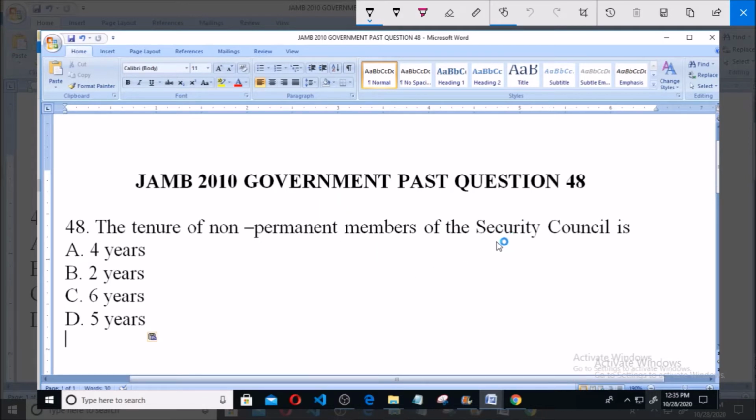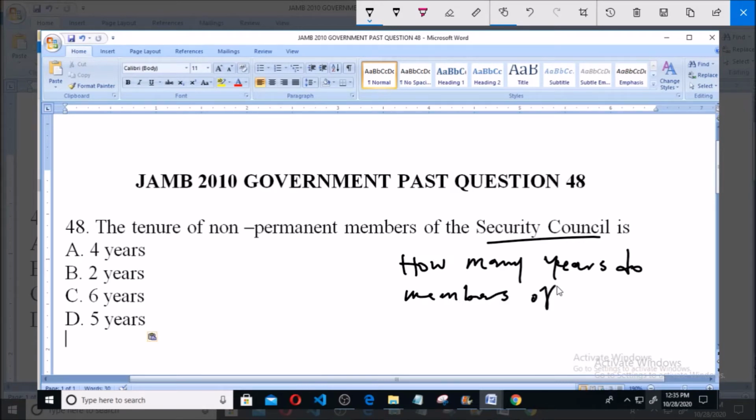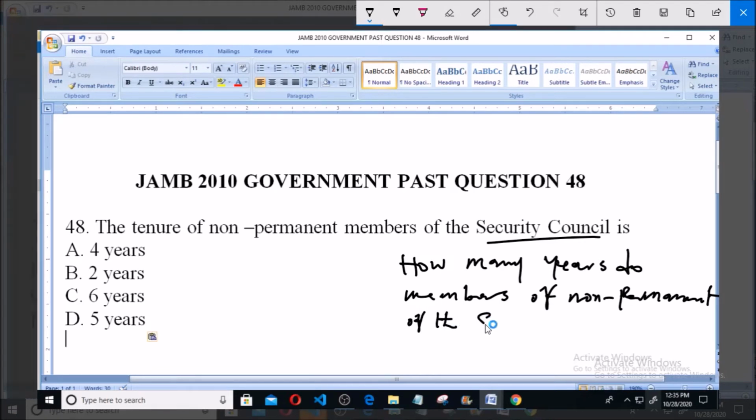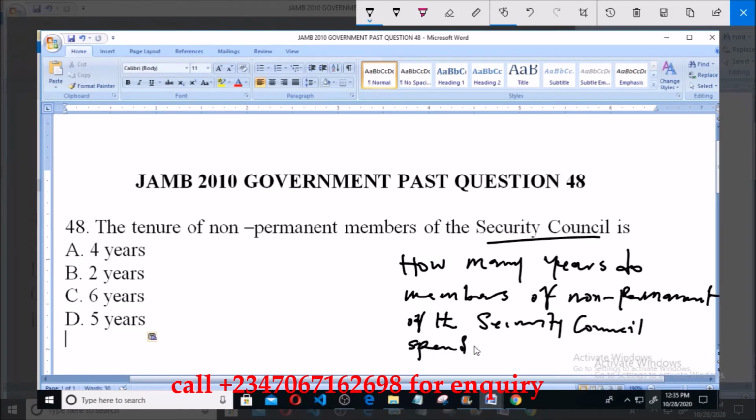So what this question is asking us is, how many years do non-permanent members of the Security Council spend in office?